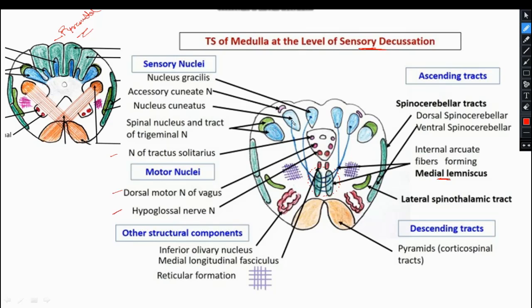So we can see this fiber. This fiber is known as the internal arcuate fiber. These internal arcuate fibers are coming from the nucleus gracilis and going to the other side, the contralateral side. Similarly, we can see the fibers of the cuneatus going to the contralateral side.